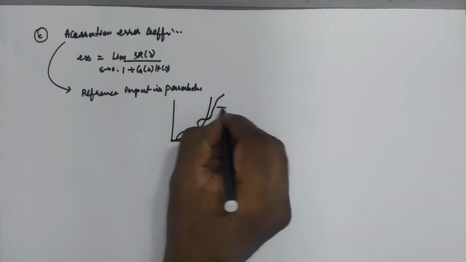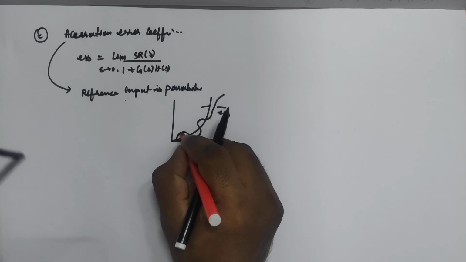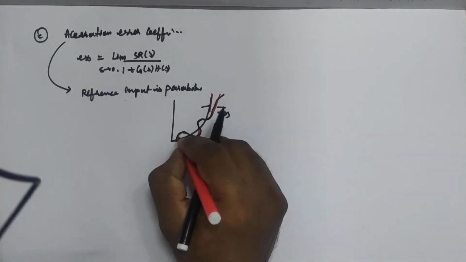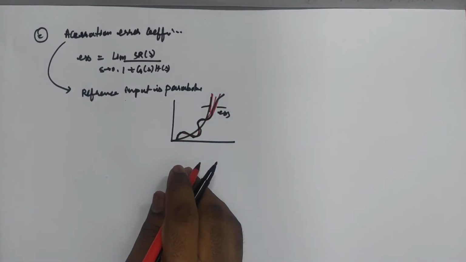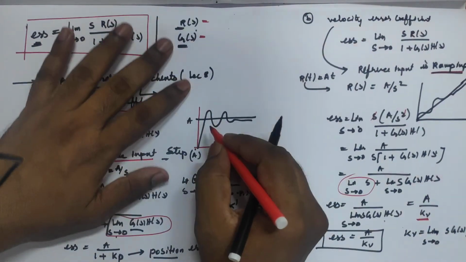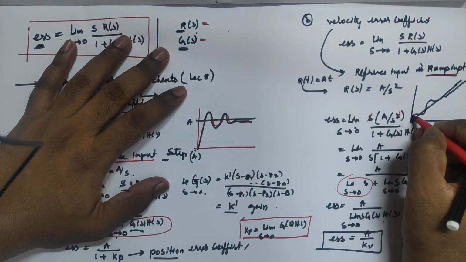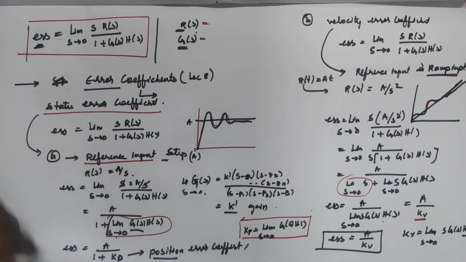I am rewriting it again here. My reference input is this one and the response of the system is this one. For the step input the response is this one, and for the ramp input the response is this one. You need to get clarity on this.